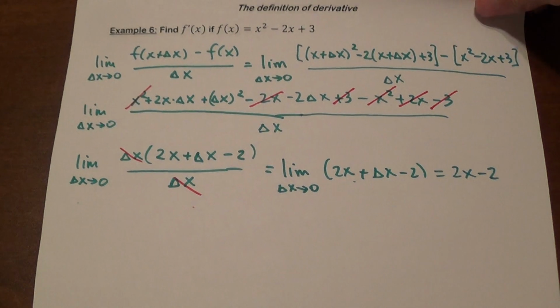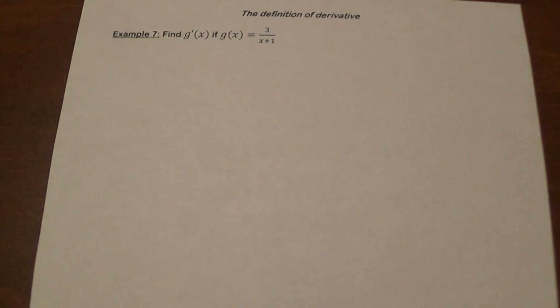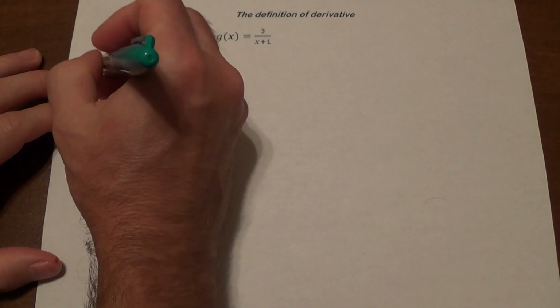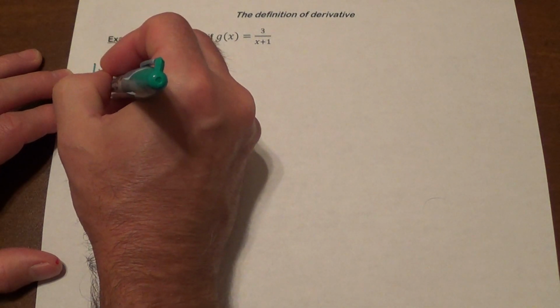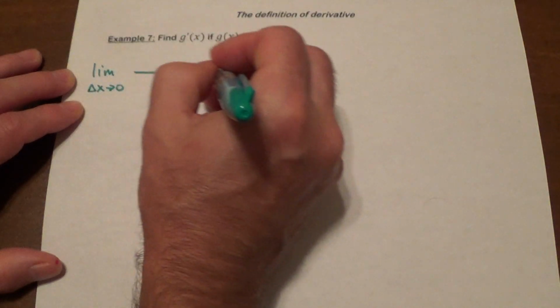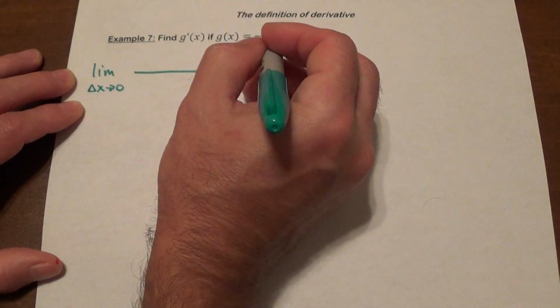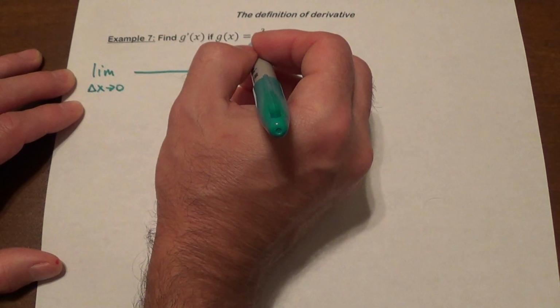Okay. One more example for us to do. So find g prime of x, if g of x is 3 over x plus 1. So we're going to have to set it up the same way. A limit as delta x approaches 0. So it's going to be 3... We're going to have to plug in, well, let me write this first.